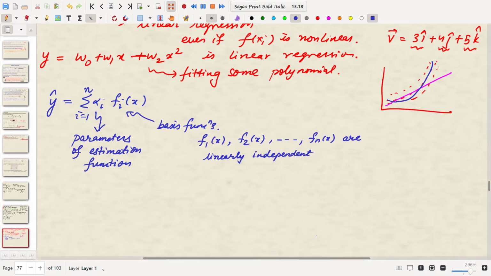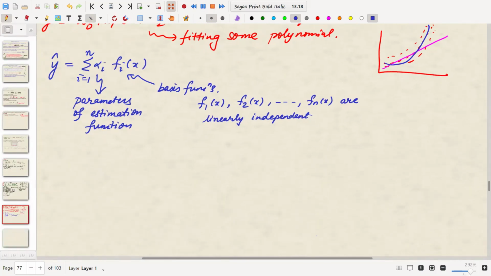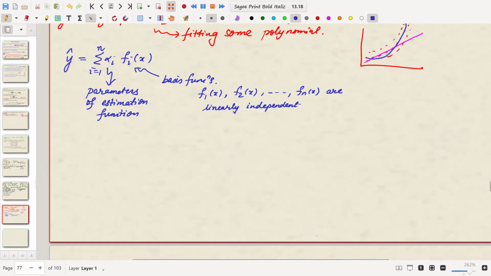I think we discussed linear dependence last semester in the computational science linear algebra course, right? So the functions should be like that.